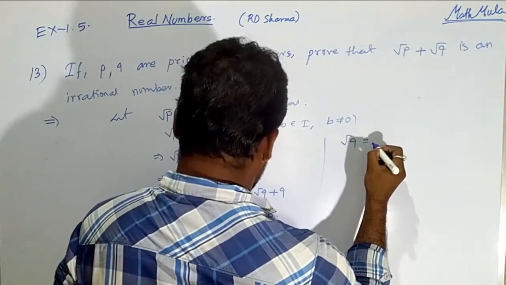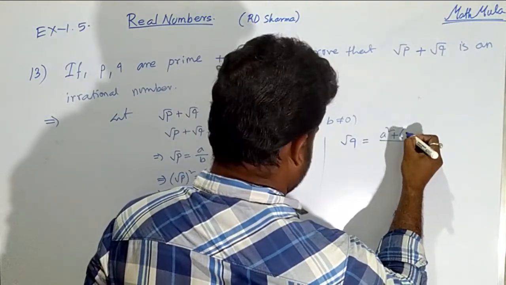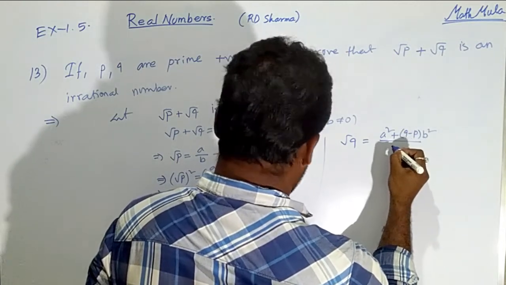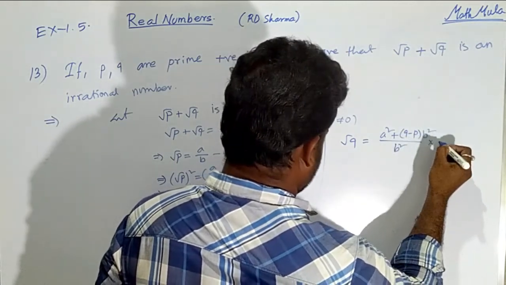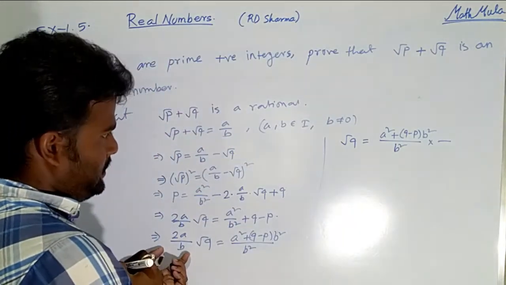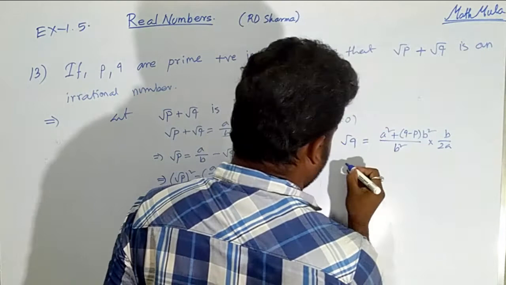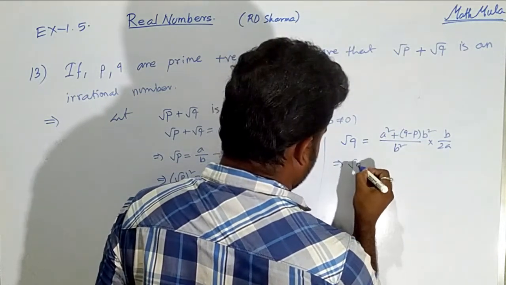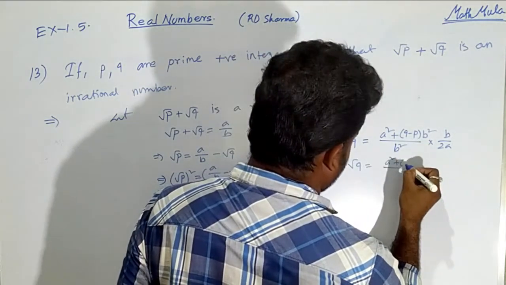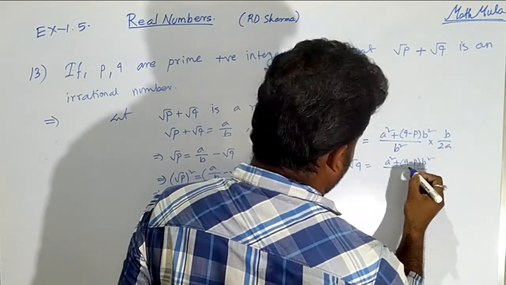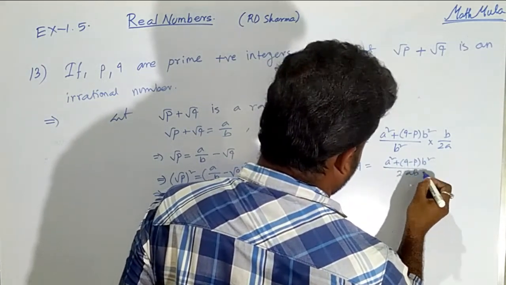Root q is equal to (a square plus (q minus p) b square) by b square into, we take this number to the right hand side, then it will be b by 2a, and b will be cancelled. That is root q is equal to (a square plus (q minus p) b square) by 2ab.